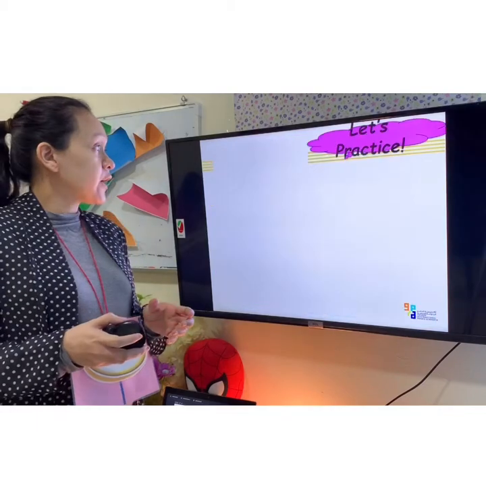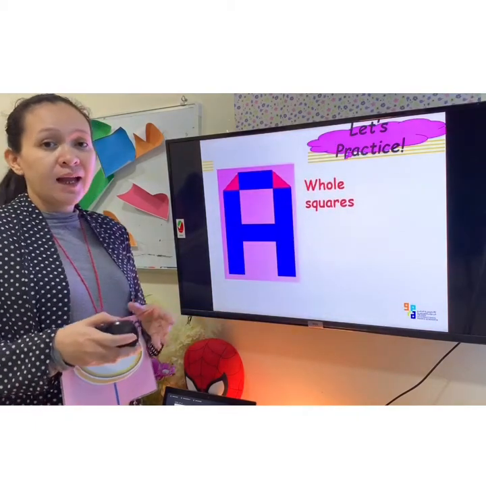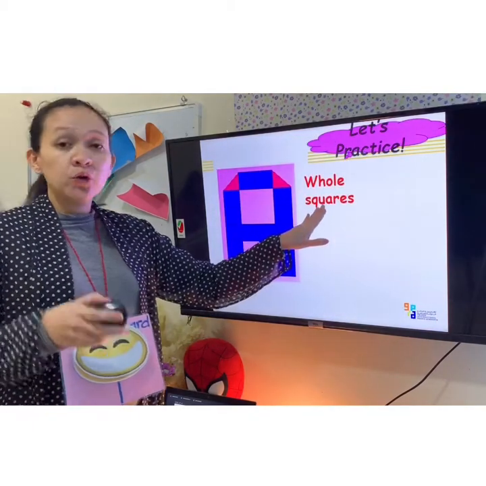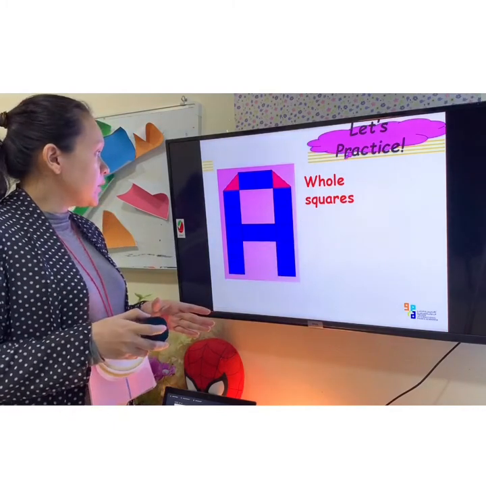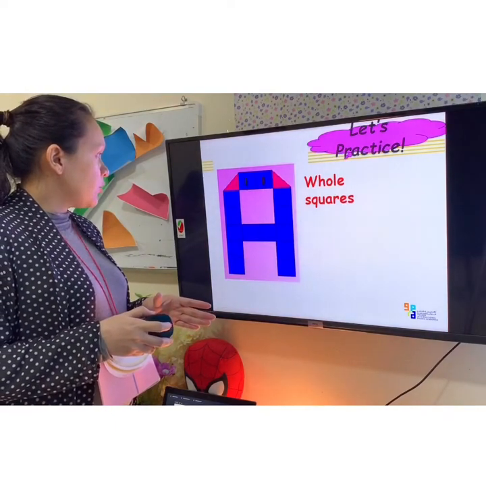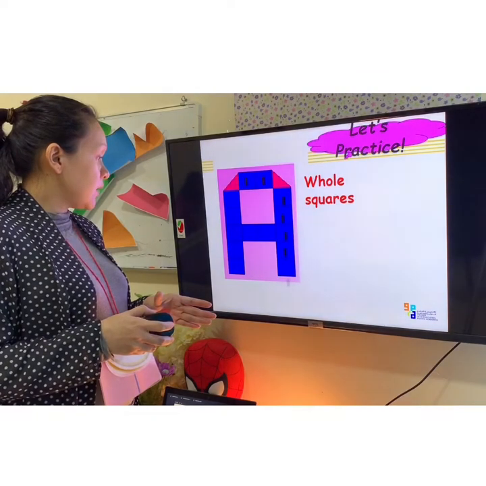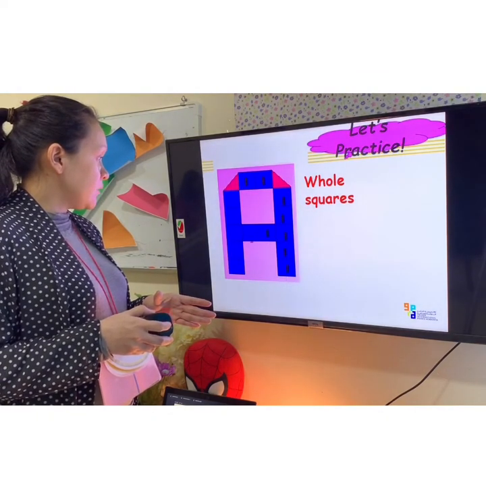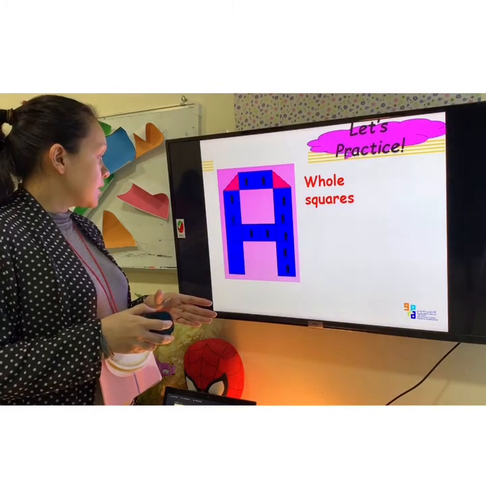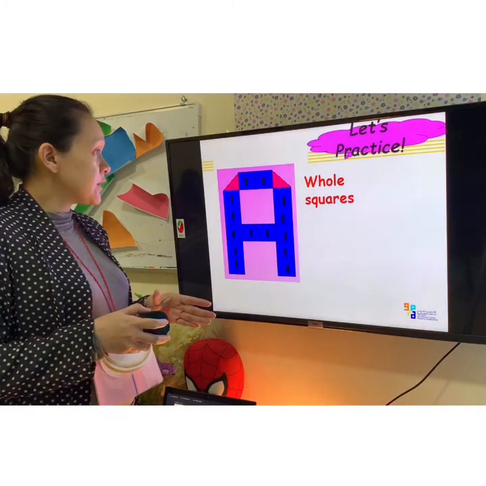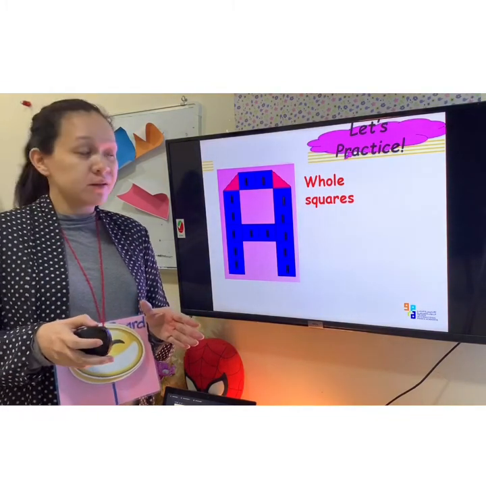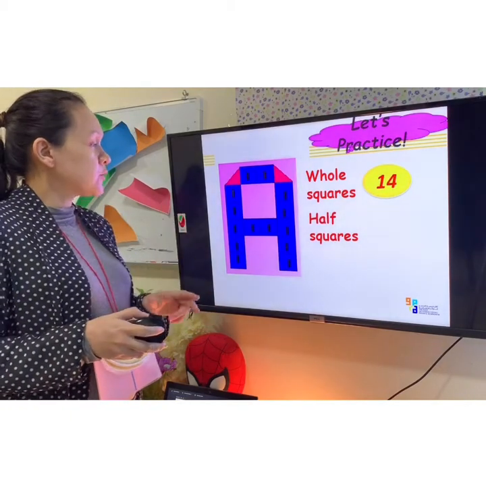Now let's move to another figure. Here, again, we will start with whole squares. So we are going to count 1, 2, 3, 4, 5, 6, 7, 8, 9, 10, 11, 12, 13, and 14. So we have 14 whole squares. So there are 2 half squares there.